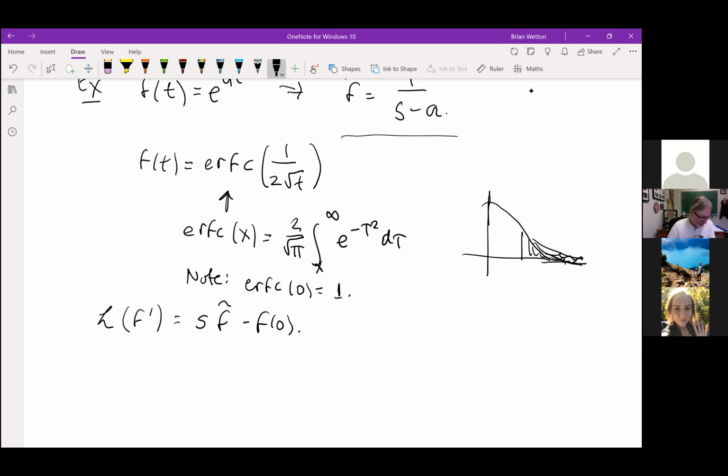And then another property which we talked about last time is if you take the Laplace transform of a convolution, you get a product of Laplace transforms. And this is something which we're going to read backwards.